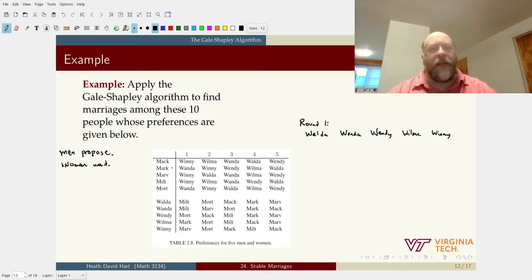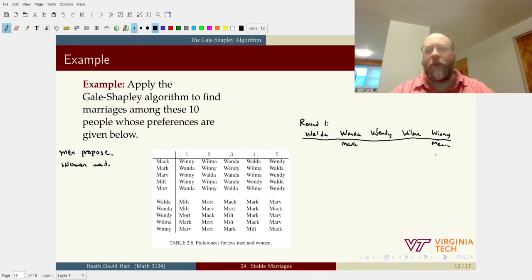And each man comes up and lines up by their first choice female and proposes marriage. So Mac lines up with Winnie. Mark lines up with Wanda.